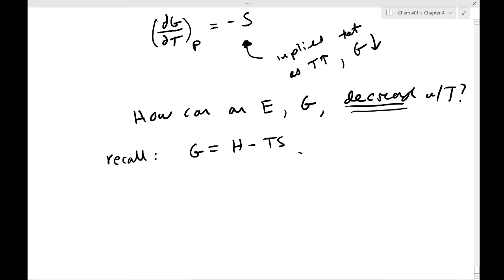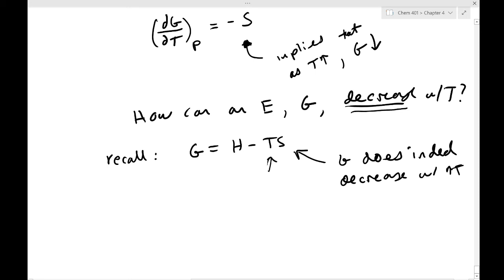In fact, we see that G does indeed decrease with an increase in temperature. Okay, so as temperature increases, if everything else remains constant, this whole negative term becomes larger, which means that G therefore goes down.